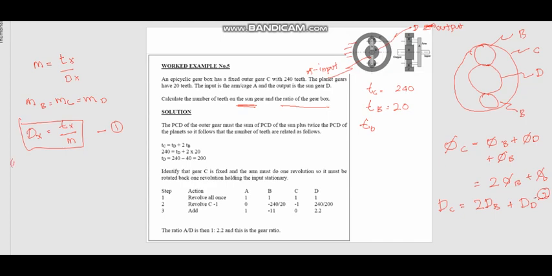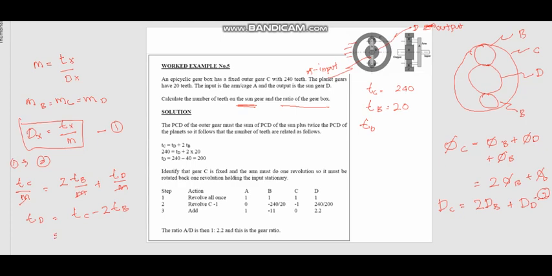So if I say this is 1 and this is 2, what I have is dc over m is equal to 2 dB over m plus dD over m. And I can cancel m out, right? So I am left with this equation: TD is equal to TC minus 2 TB.